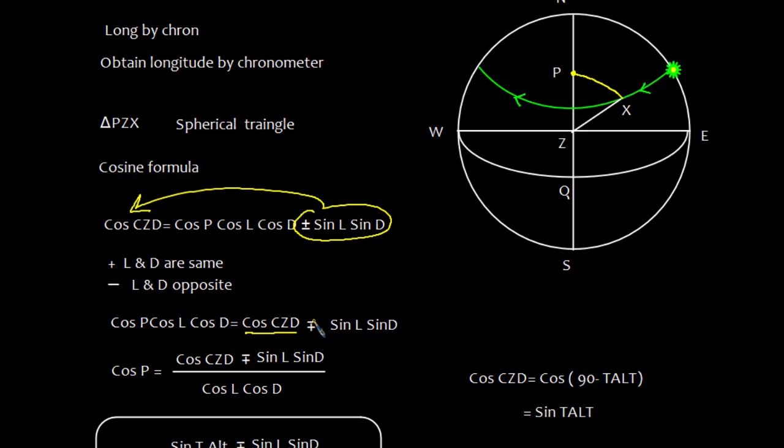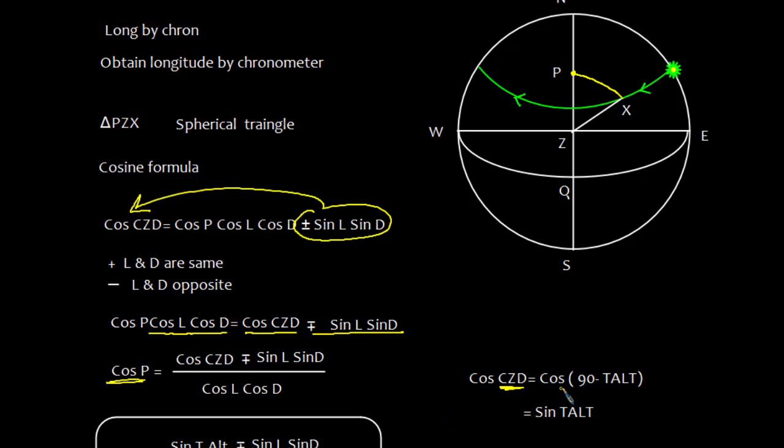Now this plus becomes minus, and minus becomes plus, sin L and sin D. Well, on this side we divide by cos L and cos D. So here we get cos P, and here we get cos of calculated zenith distance minus plus sin L sin D upon cos L cos D. Well, it is not a calculated zenith distance, actually it is true zenith distance.